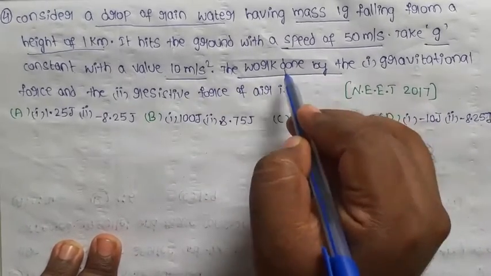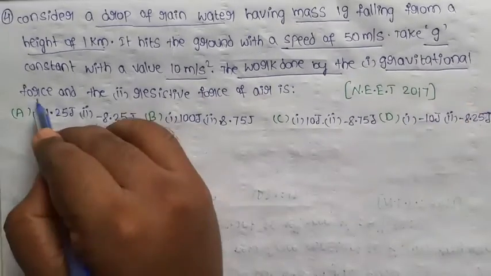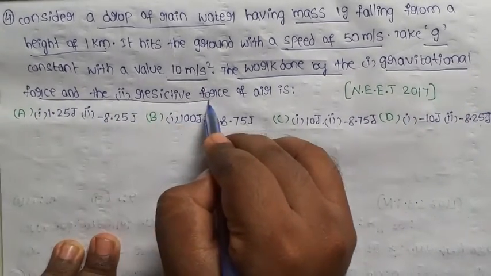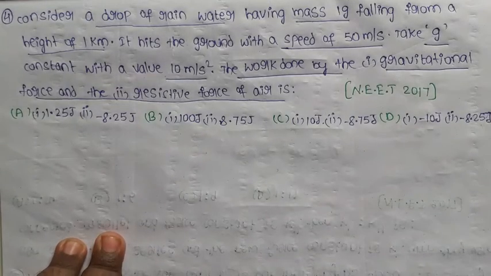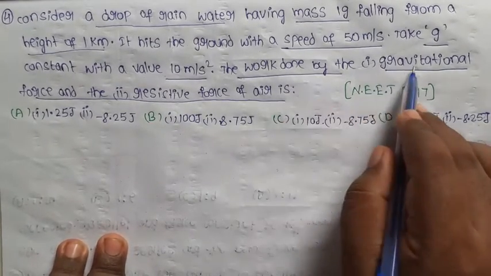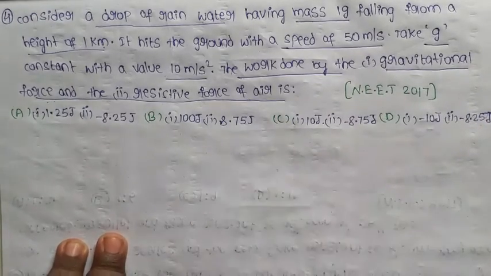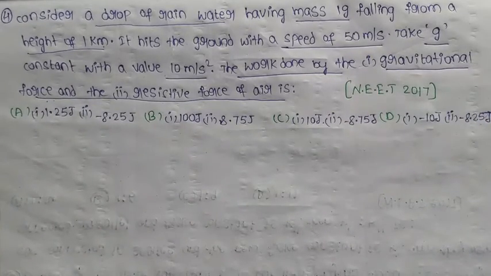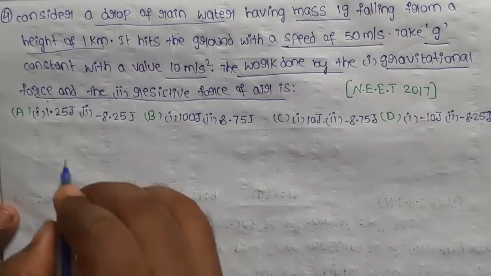We are going to find the work done by the gravitational force and the resistive force of air. When the raindrop is falling down, two types of work are done. One is by the gravitational force and the other is by the resistive force of air.